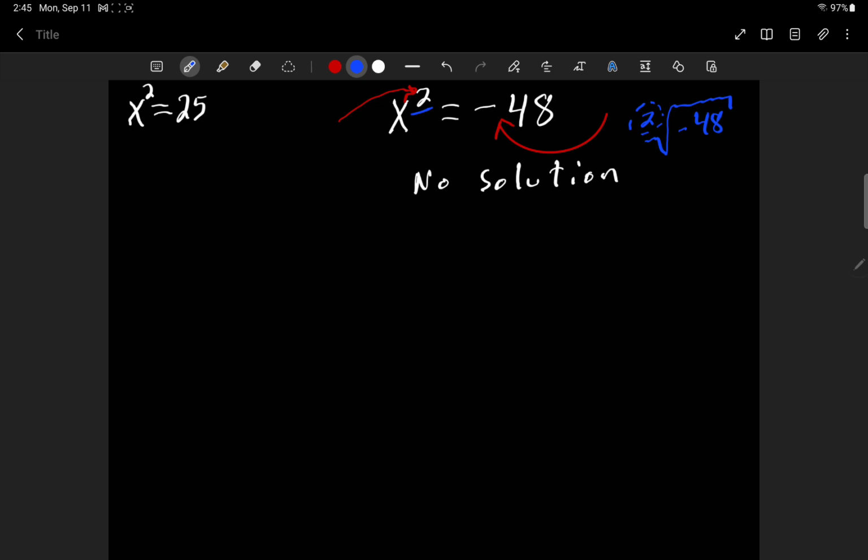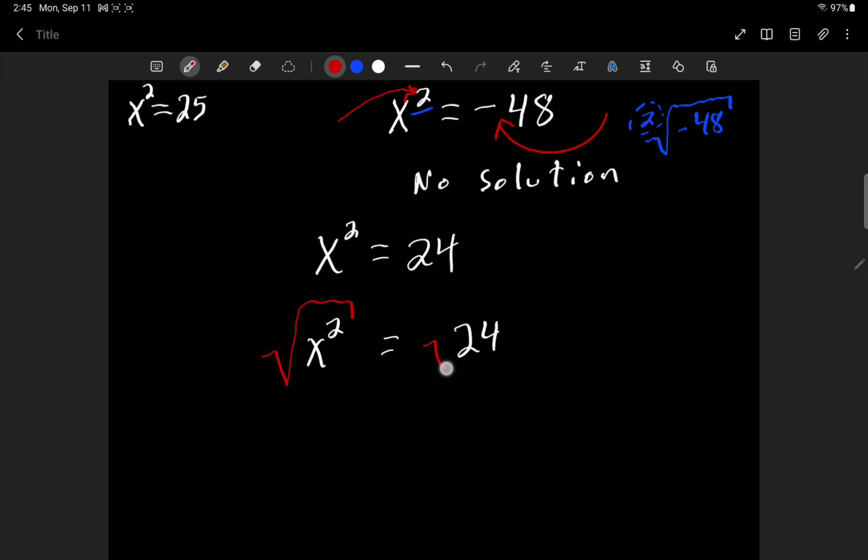Now, what about if we have something that looks like x squared equals 24? Something that doesn't come out really nice. We can still do it. We follow the exact same rules as before. We're going to square root both sides.